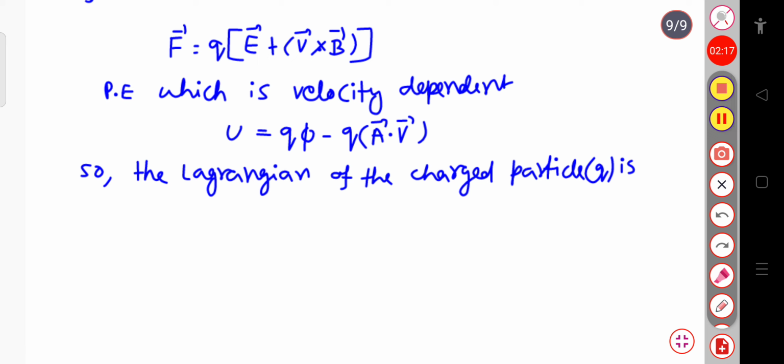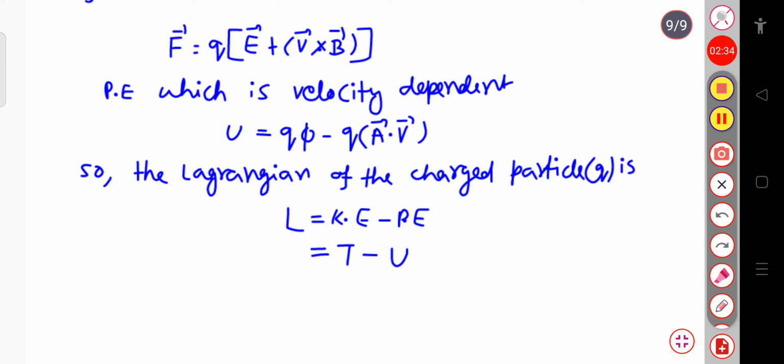Since here we have considered the velocity is V, I will write L equal to T, kinetic energy, minus the potential energy U.